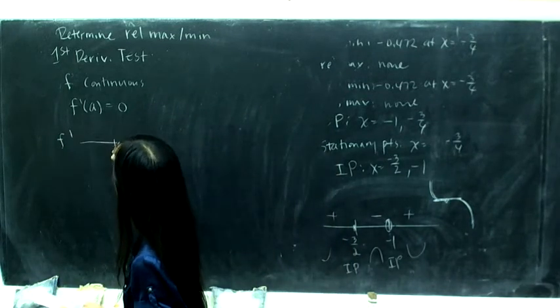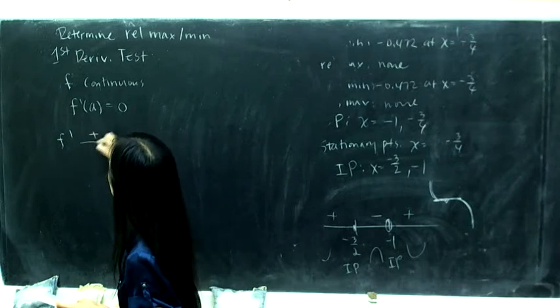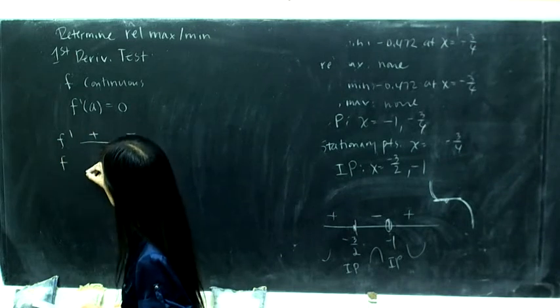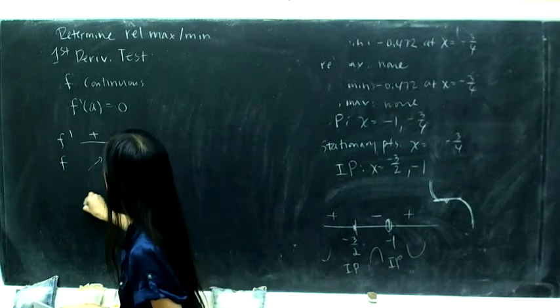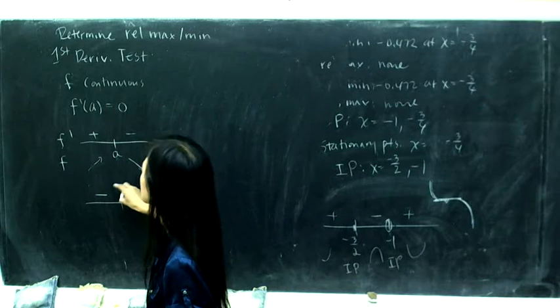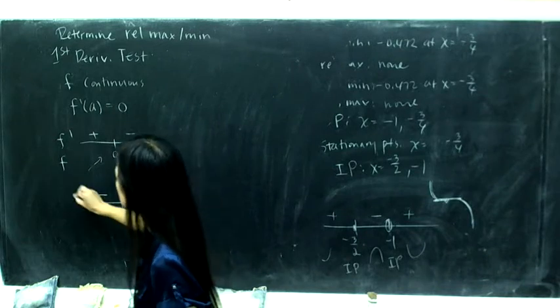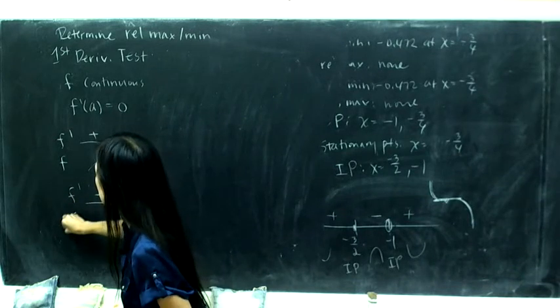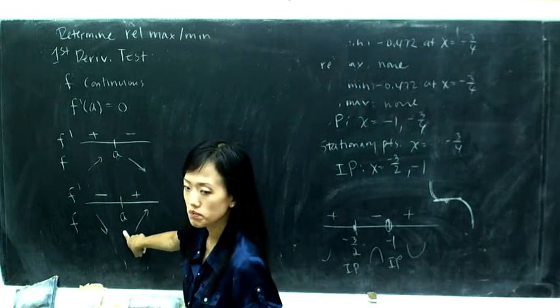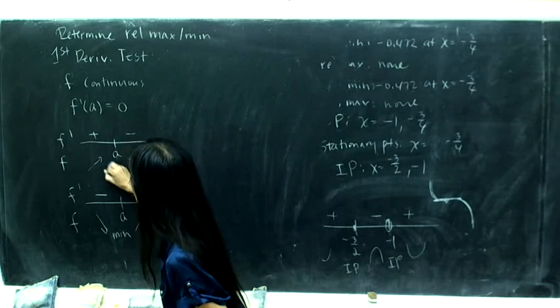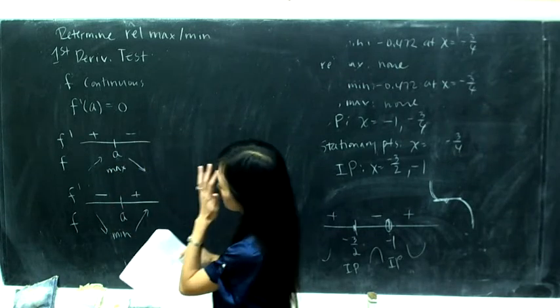If you have the 0 here, and it goes from plus to minus, that means the original function is heading up and then heading down. That means this is a max. But if it starts negative and then changes to a positive at a, that means my original function is heading down and then going up, so then it's a minimum. See that? So this is the min, this is the max situation. So those are the two.